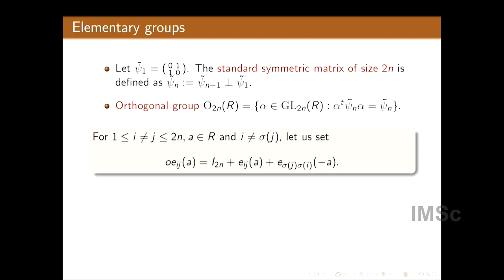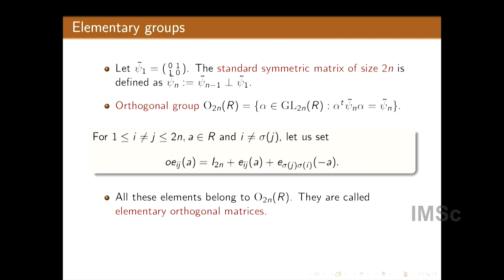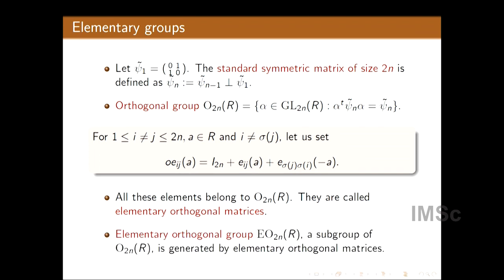So OEIJA is the matrix: the identity matrix of size 2n plus EIJA plus E sigma j sigma i minus A. And again one could check that these OEIJA matrices belong to the orthogonal group. They are called the elementary orthogonal matrices, and the subgroup generated by them is denoted by EO2n(R). This is the elementary orthogonal group.